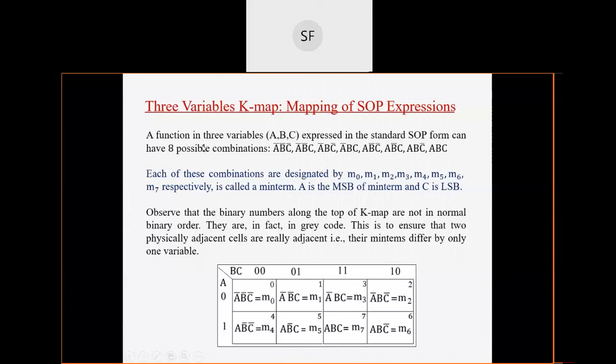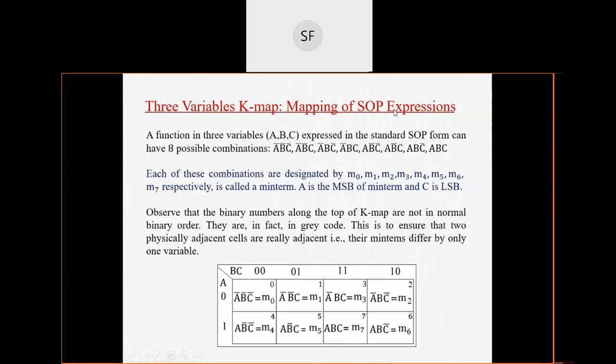Again, a function in 3 variables expressed in standard SOP form can have 8 possible combinations. We have seen it already. These are the possible input combinations for the SOP expression of 3 variables. A bar, B bar, C bar is nothing but 0 0 0.